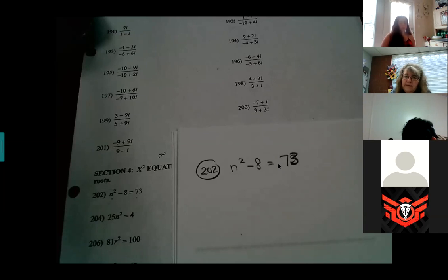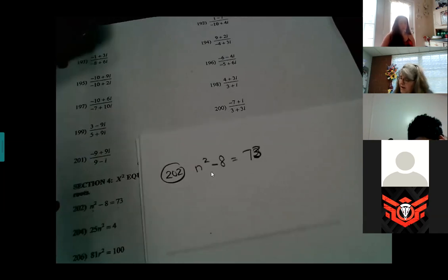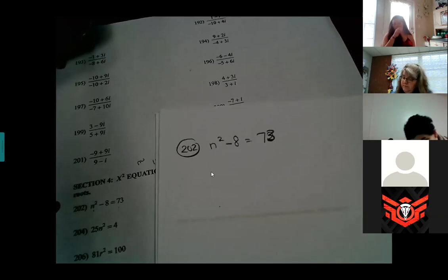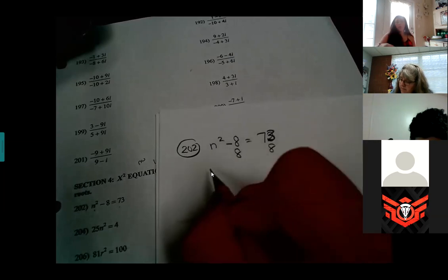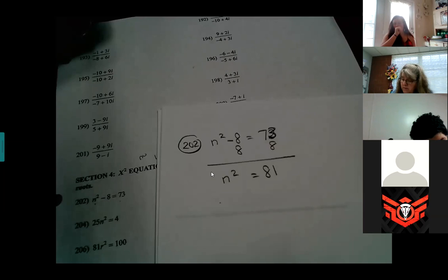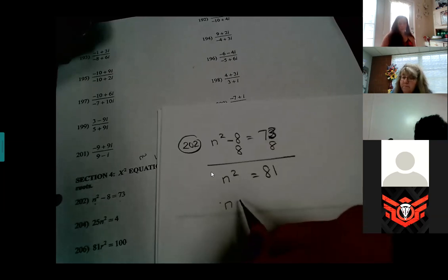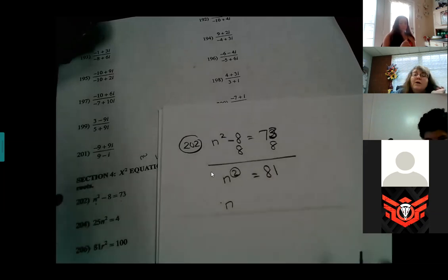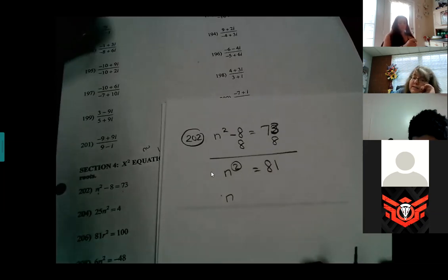All right. So what would I have to do to get the n squared by itself in problem 202? You move the 8 over, so it's n squared equals 81, and then you take the square root of 81, which is 9. Okay, but n squared, there's got to be two answers. What Chloe said was right. She said you move the 8 over, and then you take the square root.